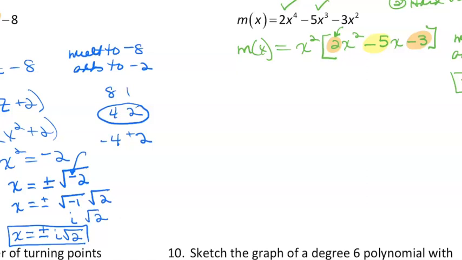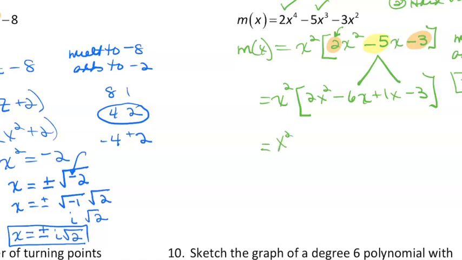So I'm going to decompose this middle term, and don't lose sight of your x squared. That's going to come along for the ride. This stays the same. My middle term now becomes negative 6x plus 1x minus 3. Now I'm going to factor.